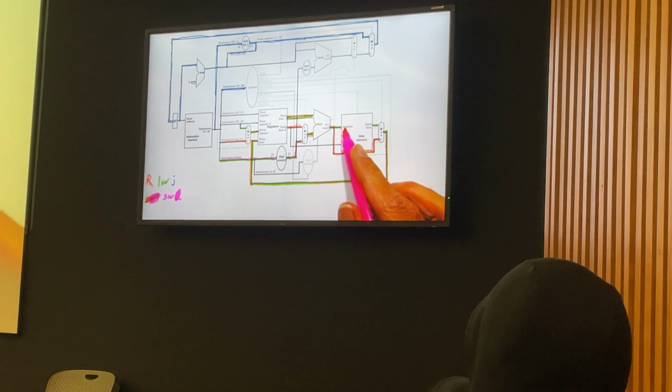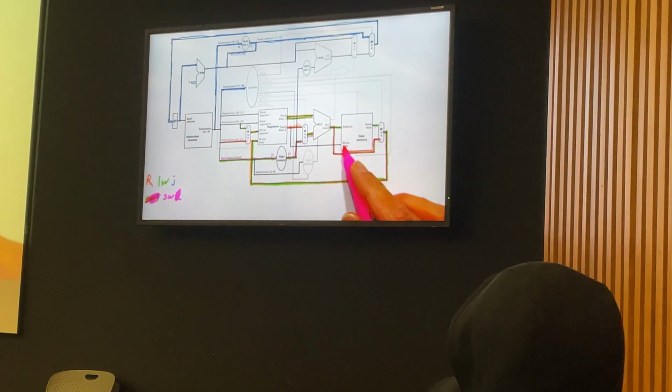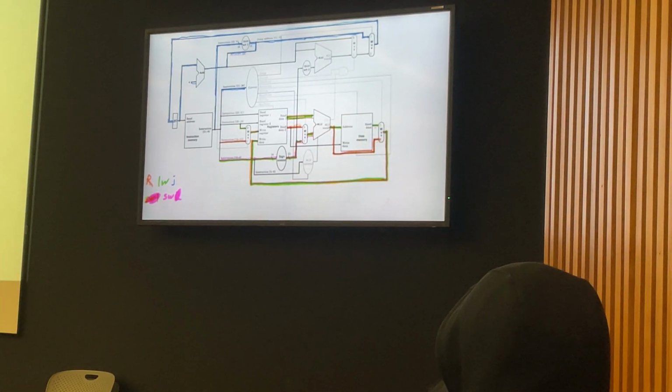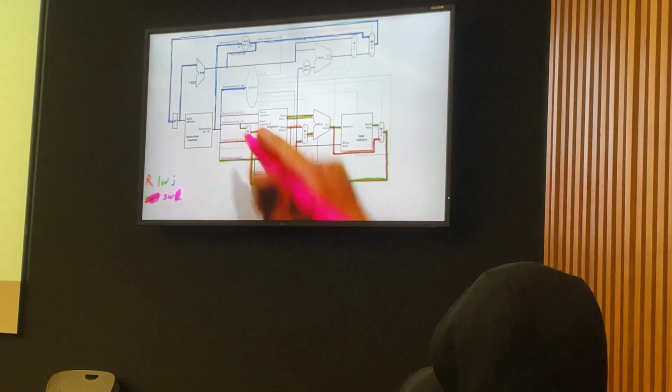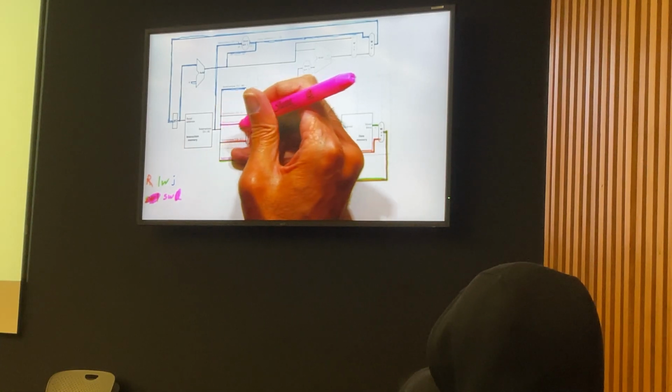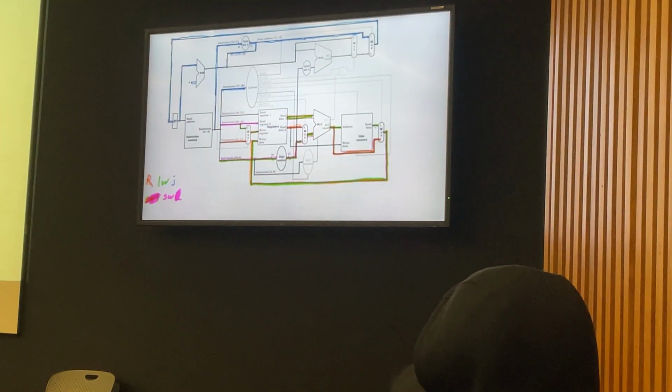I'm sorry, in load word you are not sending data. For store word you are sending data. So if you look at the machine code for store word, bits 20 to 16 of that machine code happen to be the register that you're reading from.